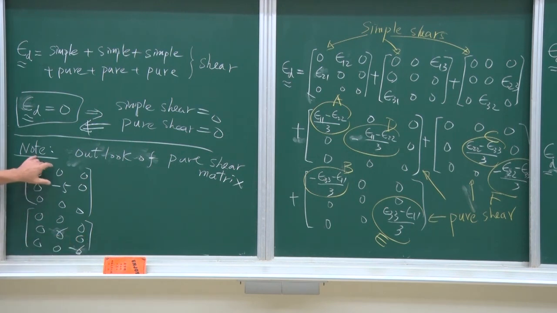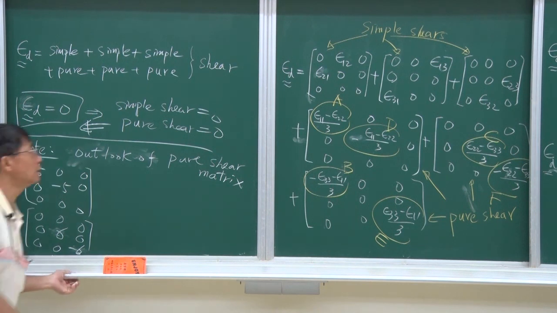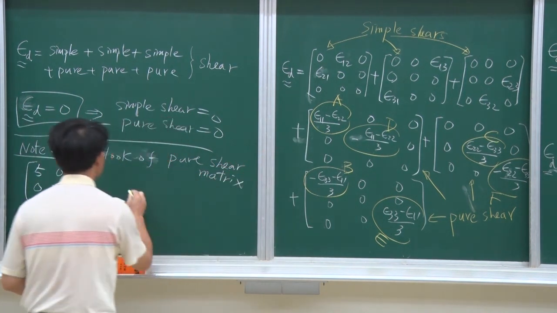Or like this. So when the diagonal term, one is plus and one is minus, and the absolute values of them are equal, then it is the pure shear. So here, let me show you.